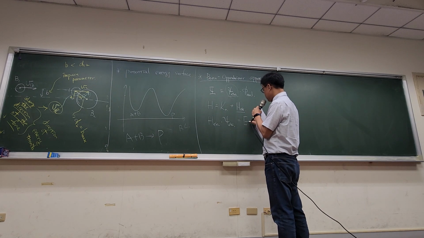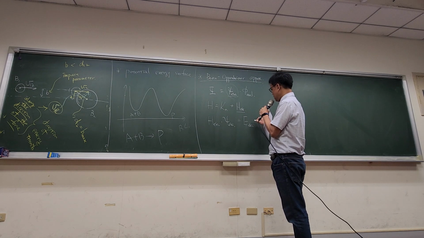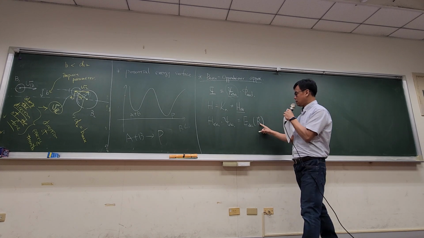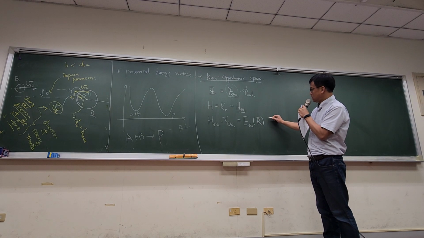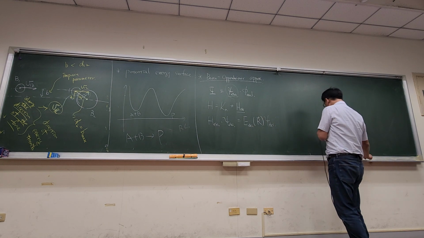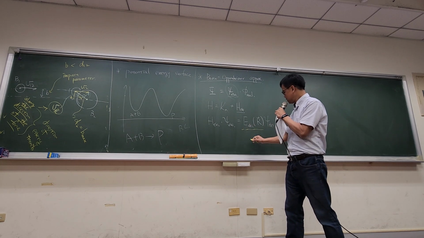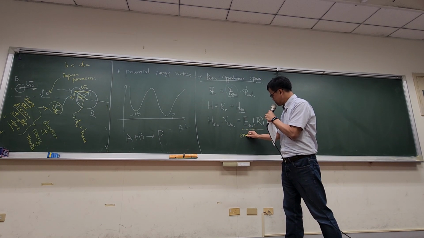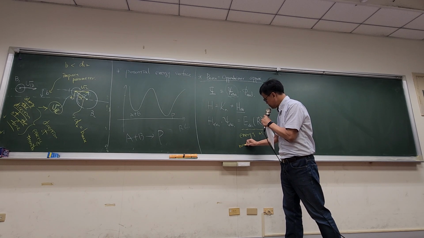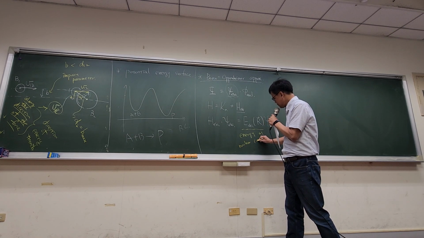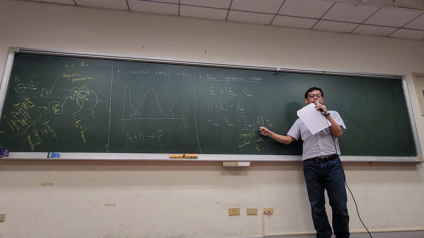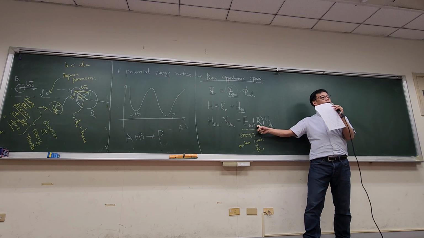So you have an electronic wave function, and those are functions of nuclear coordinates. So we define this as the electronic energy at nuclear coordinate R. Given a set of nuclear coordinates, I solve the electronic problem.